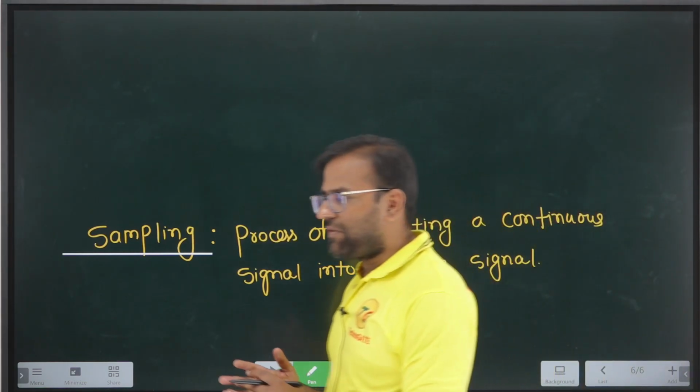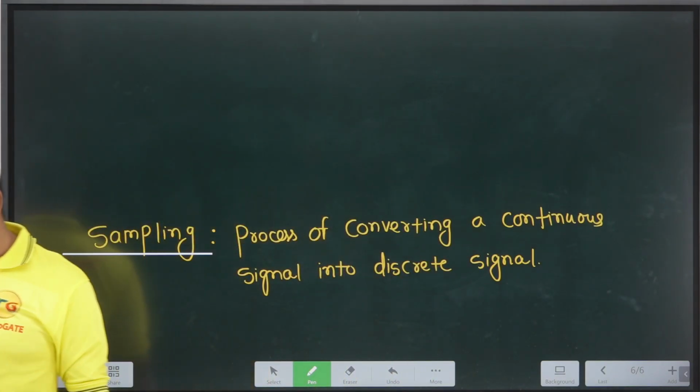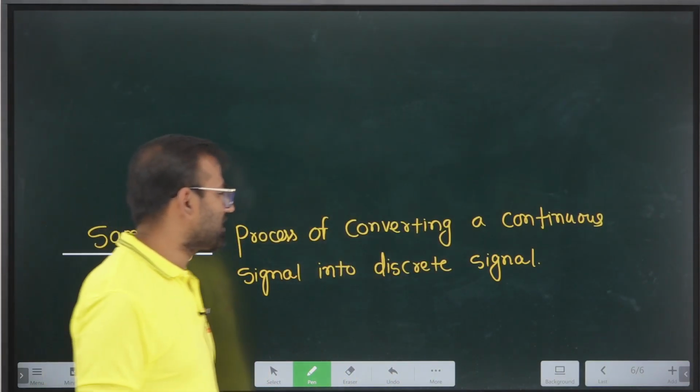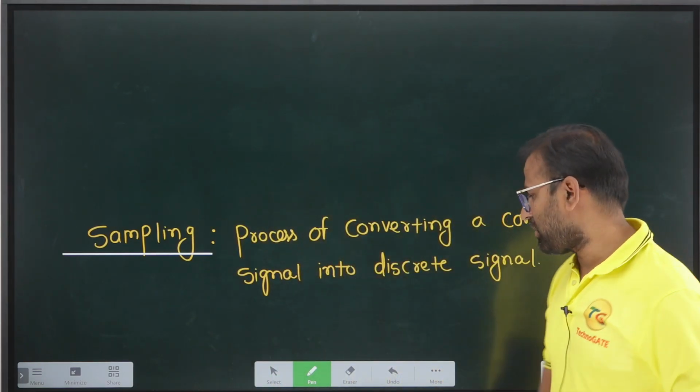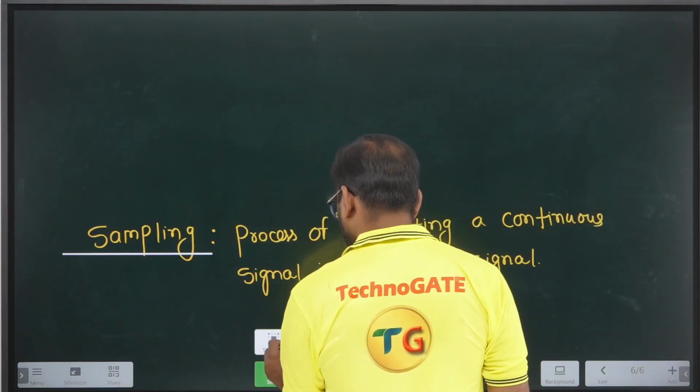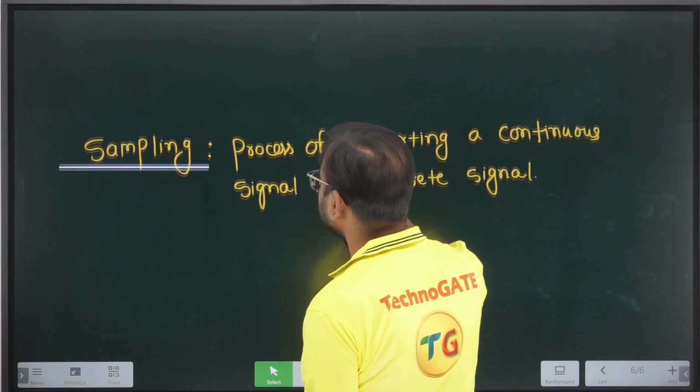The process of converting one continuous signal into a discrete signal is known as sampling.